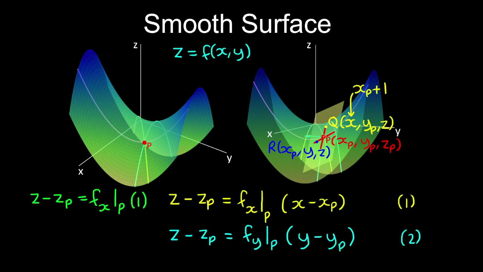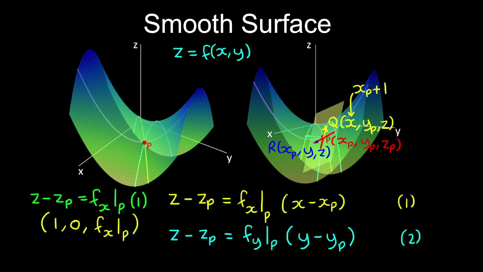So therefore the tangent vector along this line has an x component of 1, a y component of 0, and a z component of the partial of f with respect to x, evaluated at P.